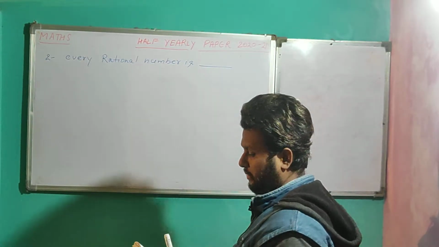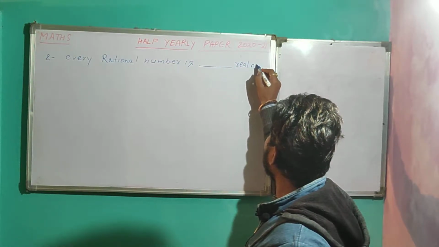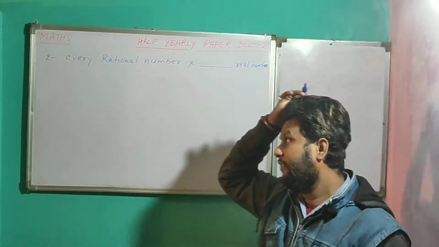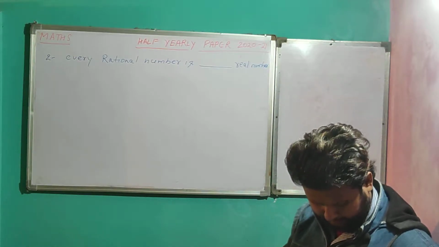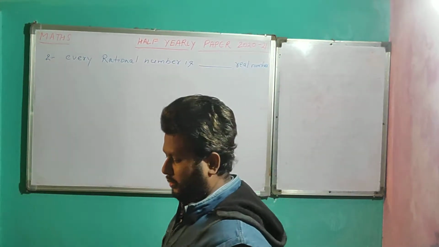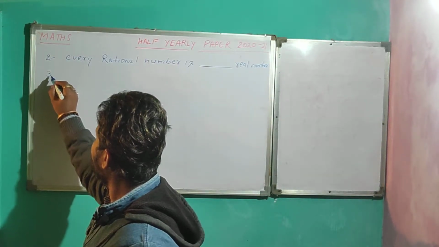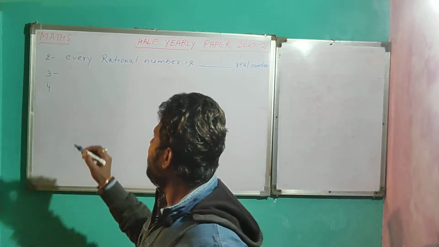The answer is real number. Every rational number is a real number. Third question, we will discuss this question afterwards.